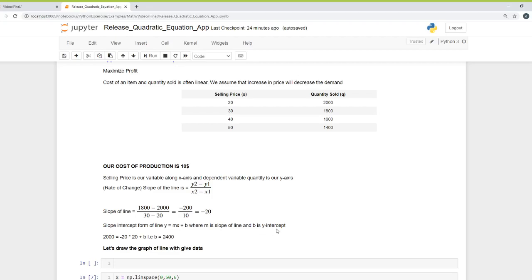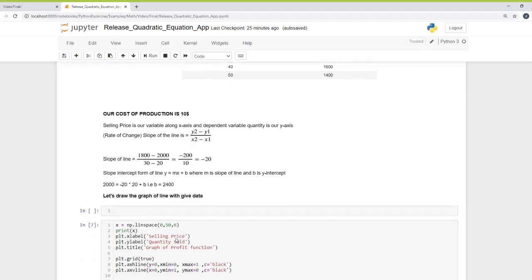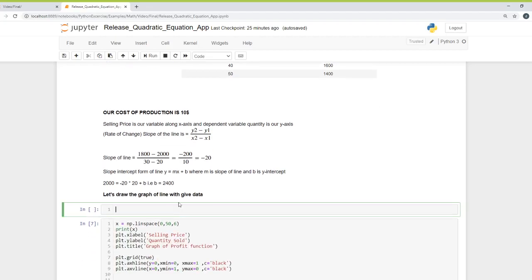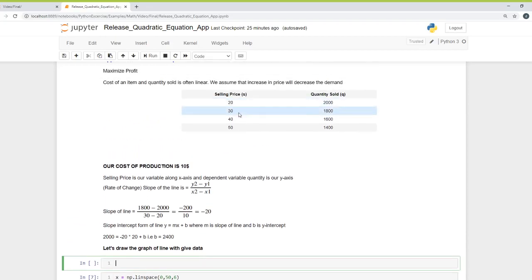We have to calculate the y-intercept b, that is 2400. Now let's draw the line with the given data. With this data, we have the line equation y equals mx plus b, where y is 2000, m is -20, x is our selling price, and our intercept b is 2400.